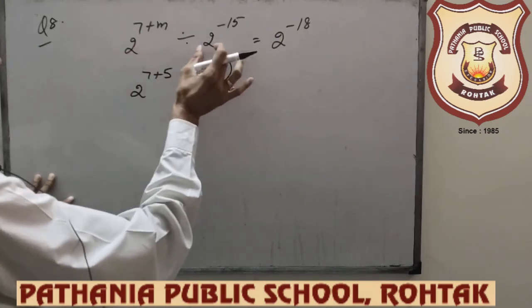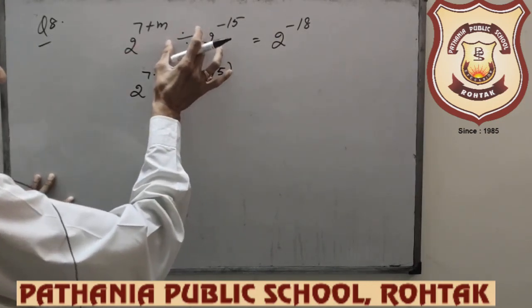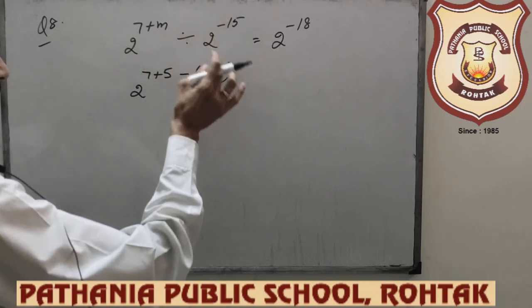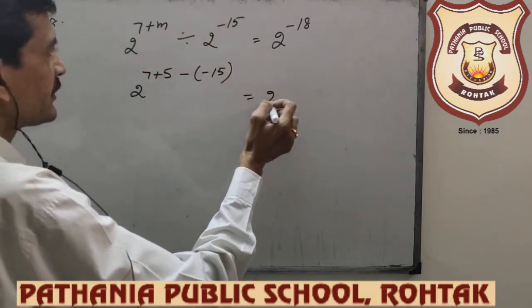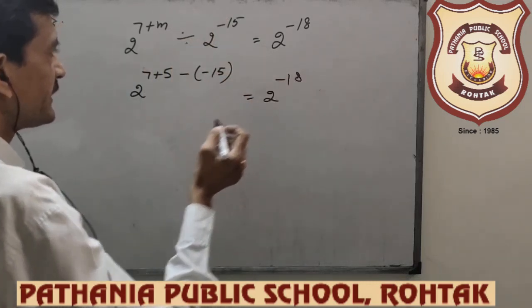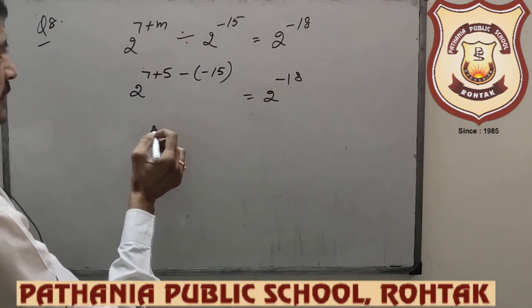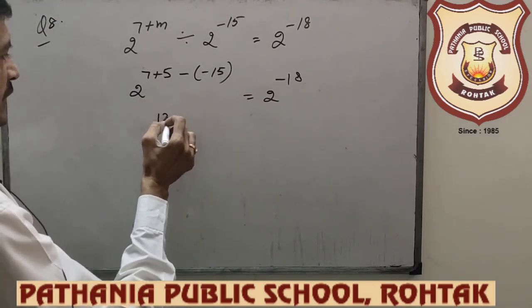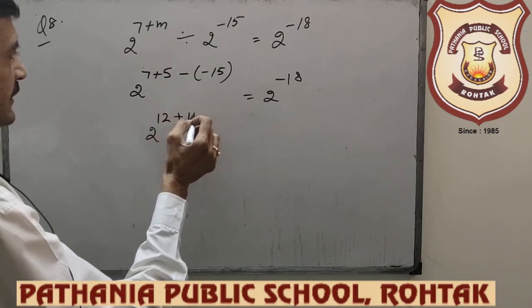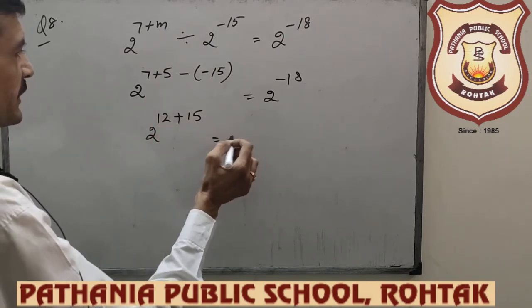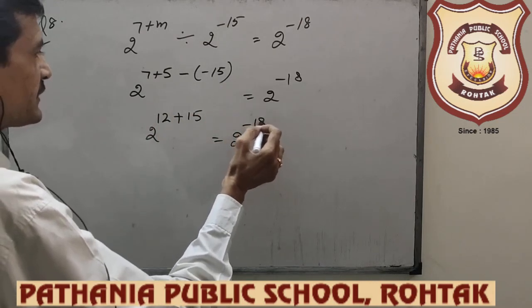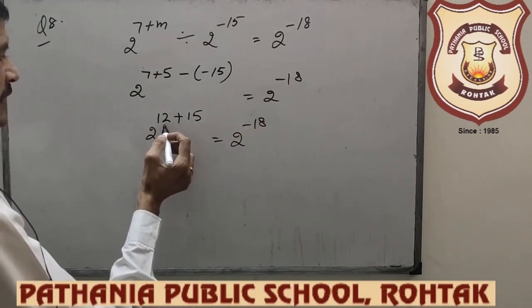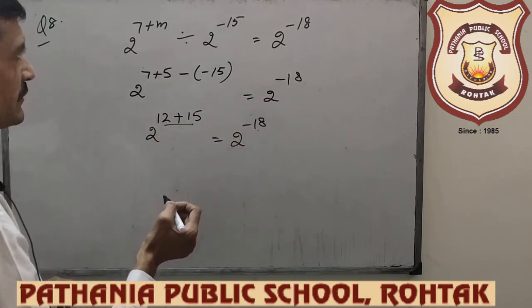Whenever bases are same and sign of division is there, subtract the powers, equal to 2 raised to the power minus 18. So what is it? 2 raised to the power 7 plus m plus 15, minus into minus is plus, equal to this. Now both bases are equal, then powers should be equal.